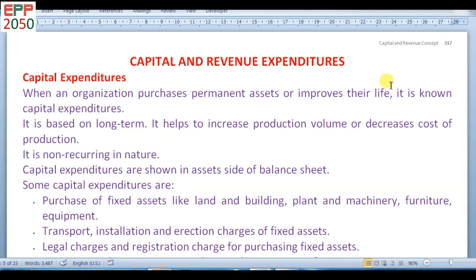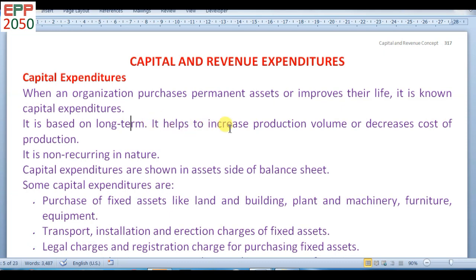Capital and revenue expenditures. Capital expenditures. When an organization purchases permanent assets or fixed assets or improves their life, it is known as capital expenditure. It is based on long term.